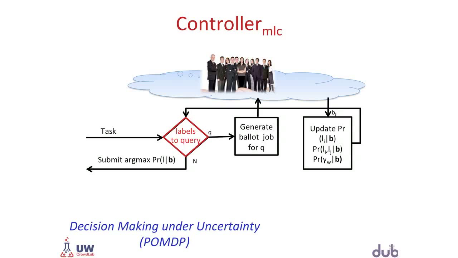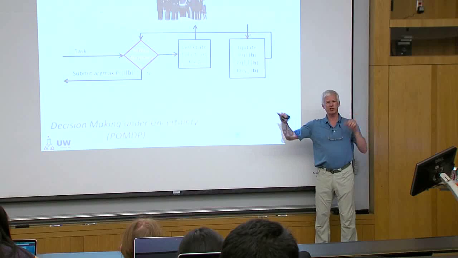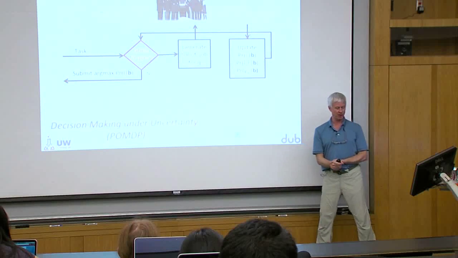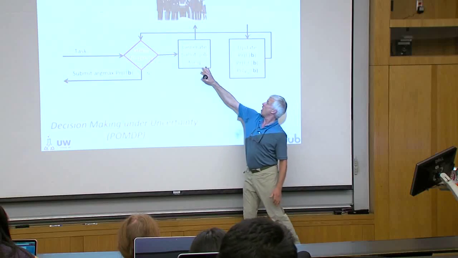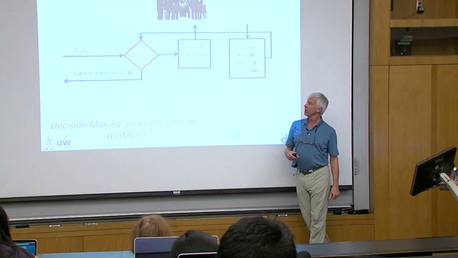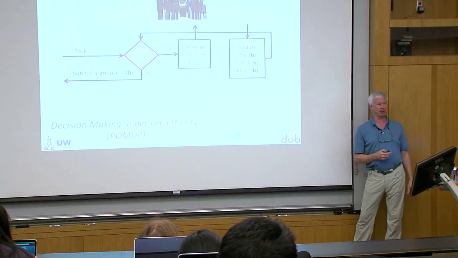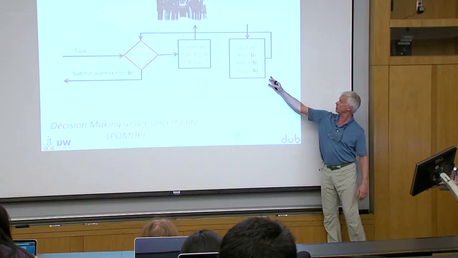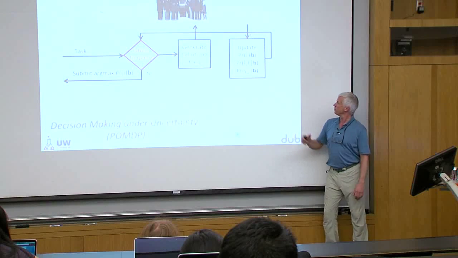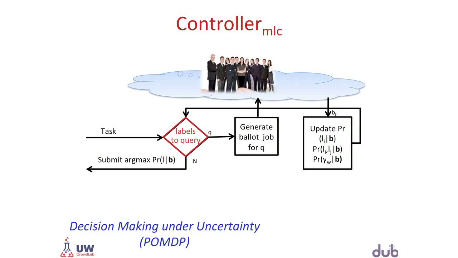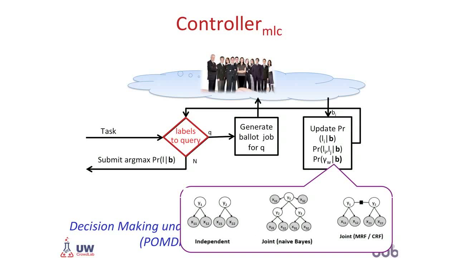So coming back to the controller, basically we've got the question about which labels should we ask a human about. We send them off to the crowd, and then we, again, have to do state estimation and update our posterior distribution. These distributions are harder to represent than in the iterative improvement workflow.